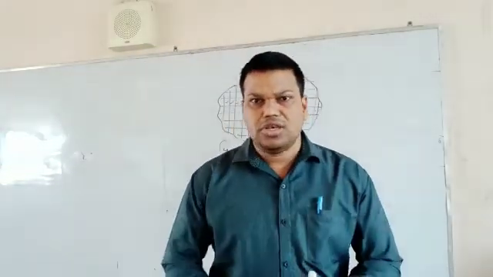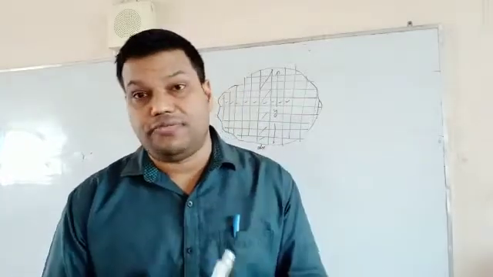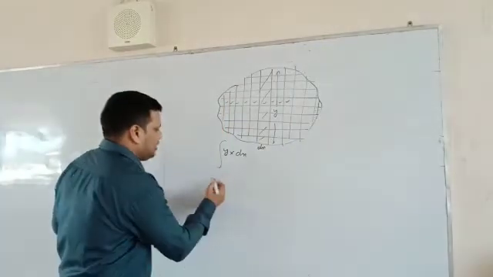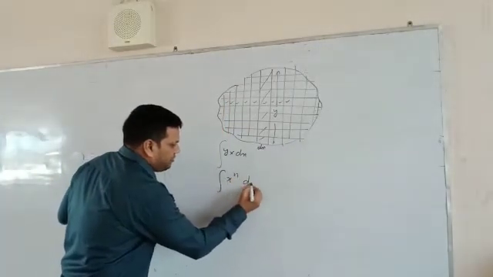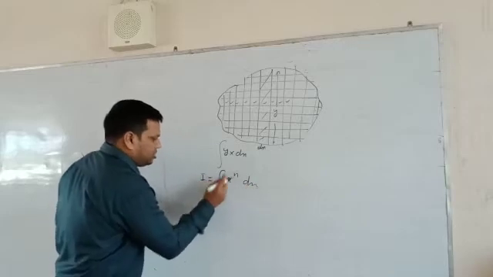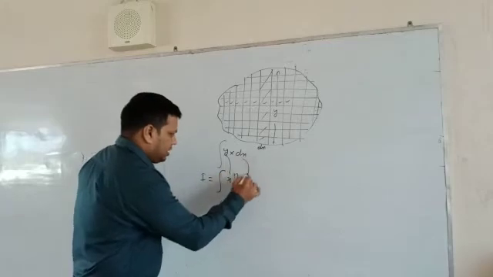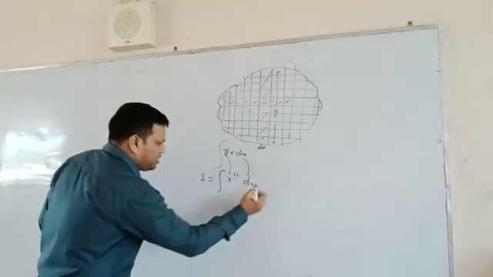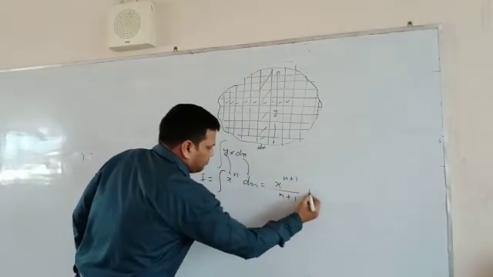Today's work is that you have to learn all the formulas for integration. Like, if we have x to the power n, what is the integration of that? We have been given the formula for that: x to the power n plus 1 upon n plus 1, plus c.